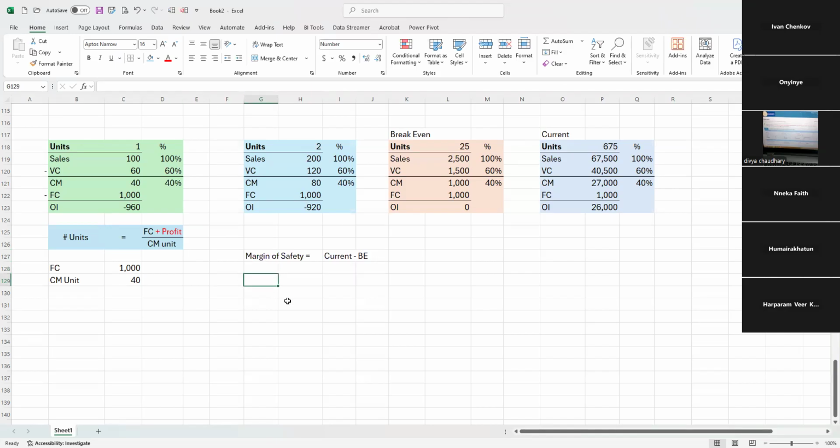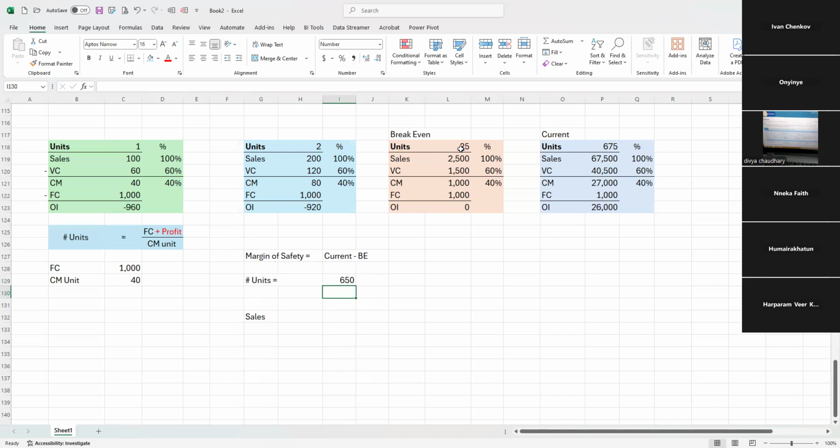We can express it as a number of units, or as a dollar of sales. As a number of units, what's our margin of safety if we're selling 675 units? This one minus where the break-even is, 25. So our margin of safety is 650 units.